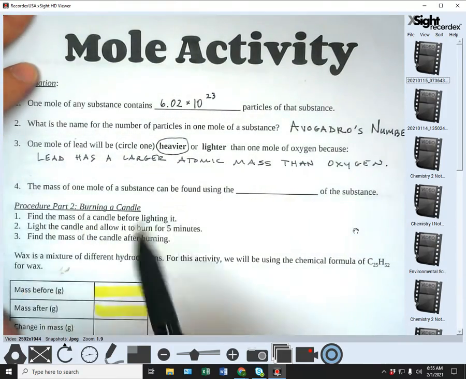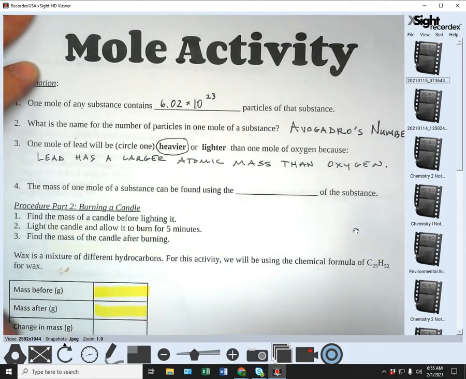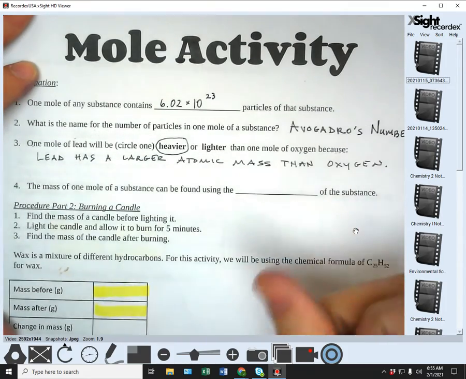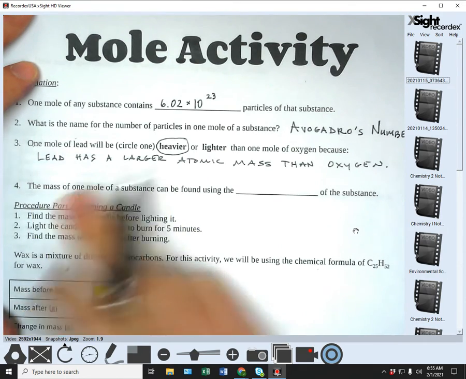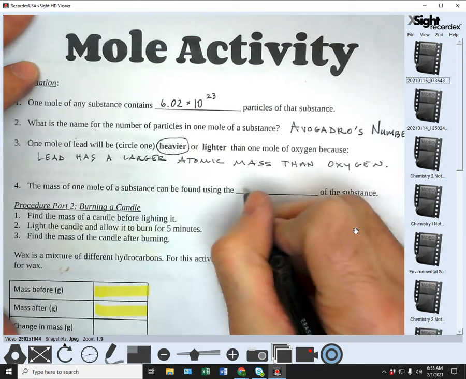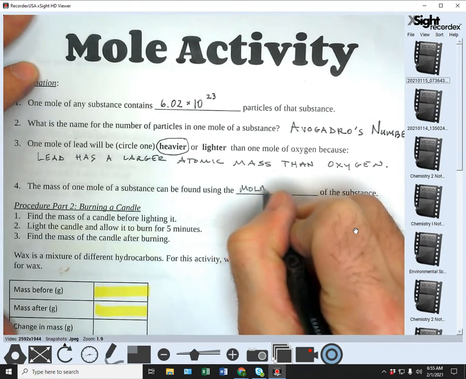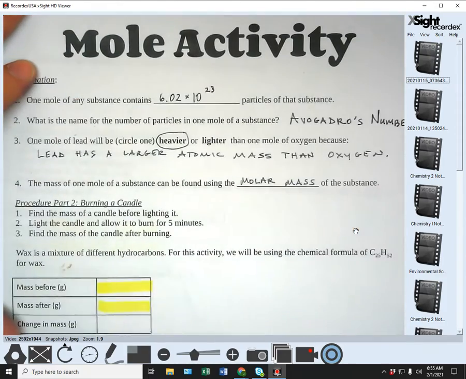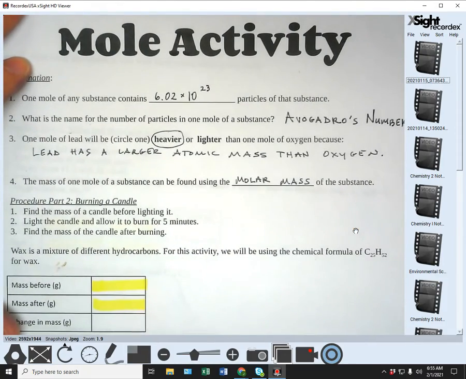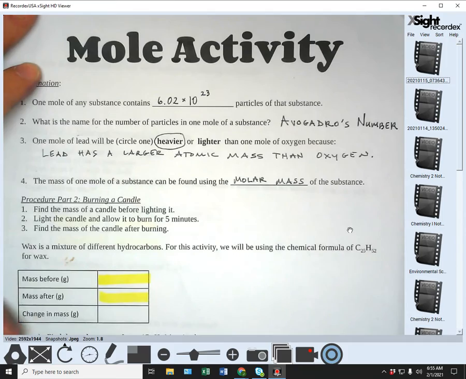Then the mass of 1 mole of a substance can be found using so 1 mole of a substance to mass, which the label we're using is grams, right? So it would be the molar mass of the substance. Okay. All right.